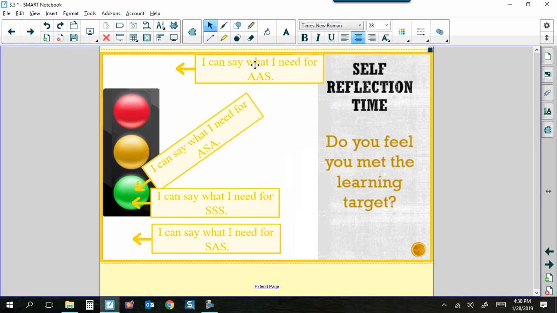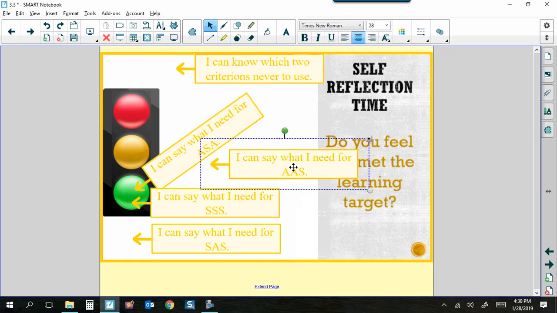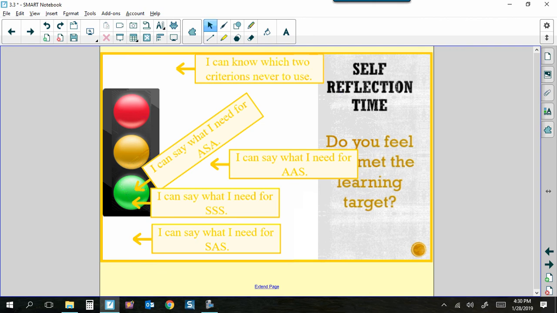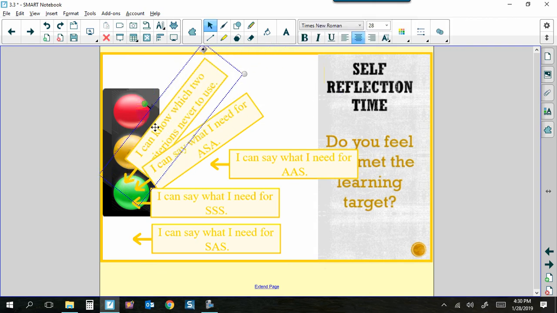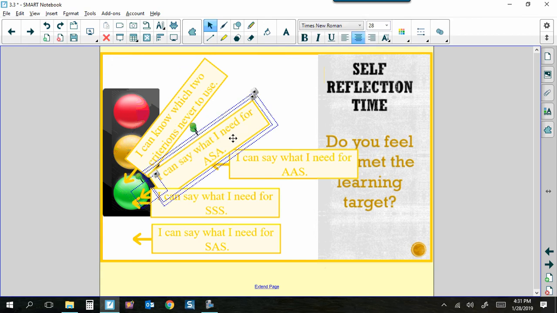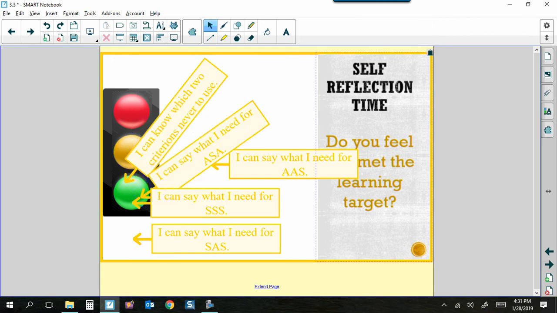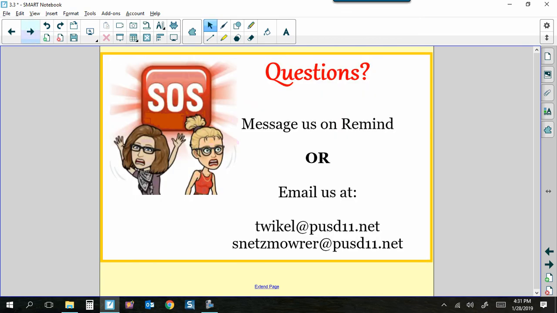And lastly, do you feel confident in your ability to talk about what cannot be used ever? Those are angle, angle, angle, and angle, side, side, or side, side, angle criteria that never work for congruency. And if you're not in the green on any of these, please send us a message. Reach out to your teacher as soon as possible to make sure you are confident in what you're doing.